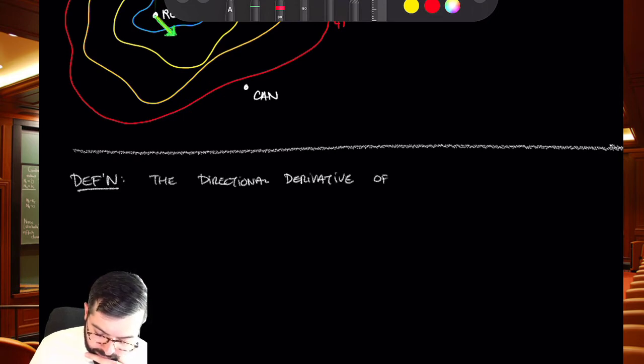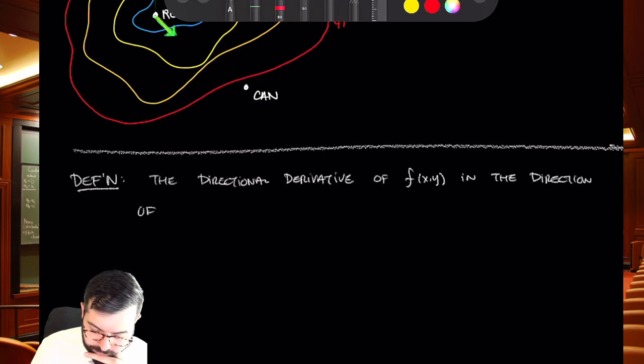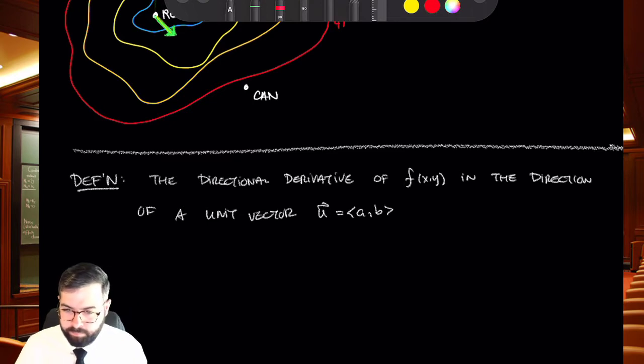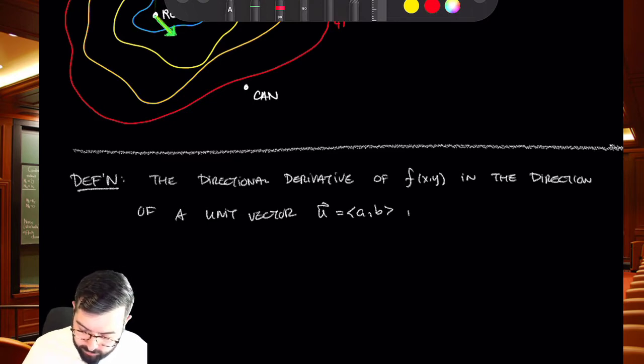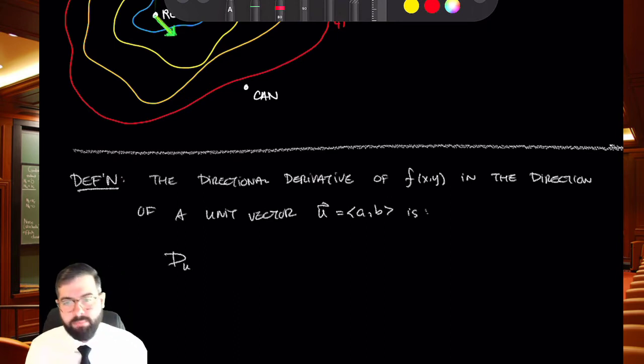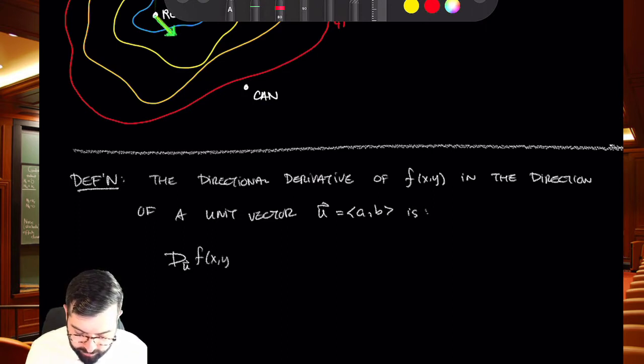Directional derivative of f, a function of x and y, in the direction of a unit vector u, which will give components a and b, is, and this is if the limit exists, we'd say this is derivative in the direction of u of f of x, y.